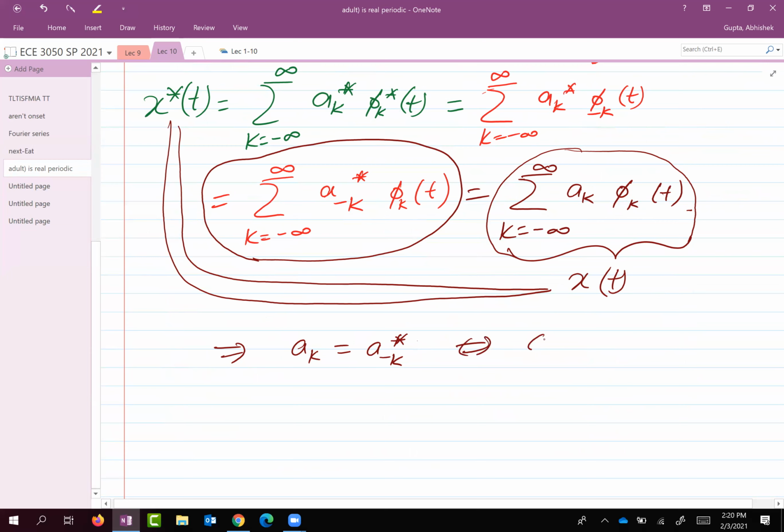Or alternatively, a k star is equal to a minus k. So whenever you have this condition, a k star equals a minus k, you will have a real periodic signal x of t.